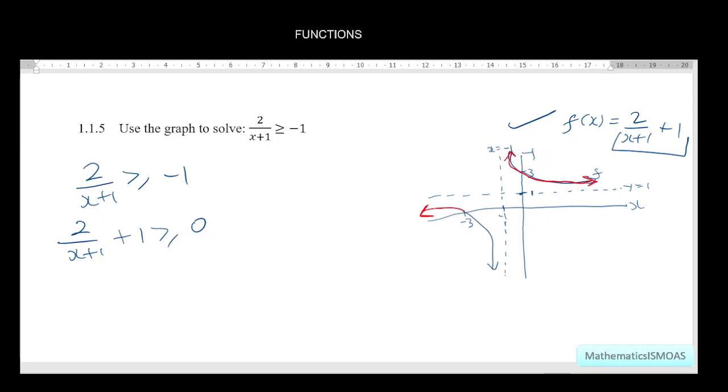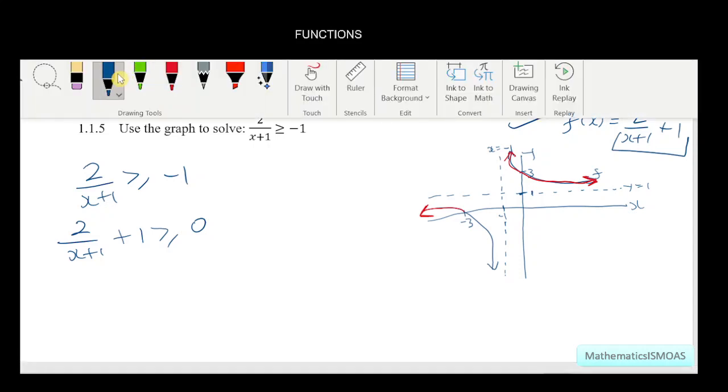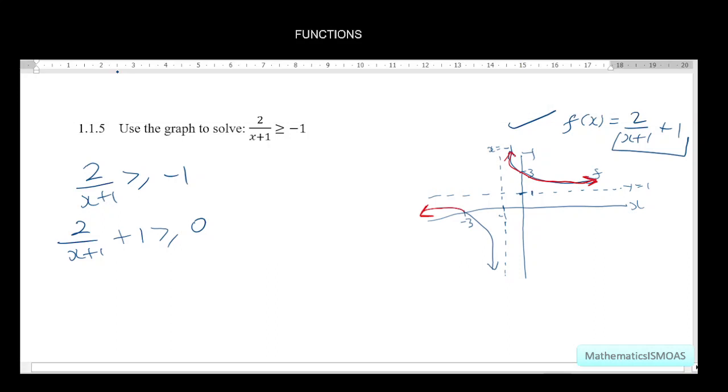So we just have to determine the values of x where we are having the red graph. That will be where 2 over x plus 1, or f of x, is greater or equals to 0. It will happen where x is less than negative 3, or it will happen where x is greater than negative 1. So now, remember the question said greater or equals to 0.